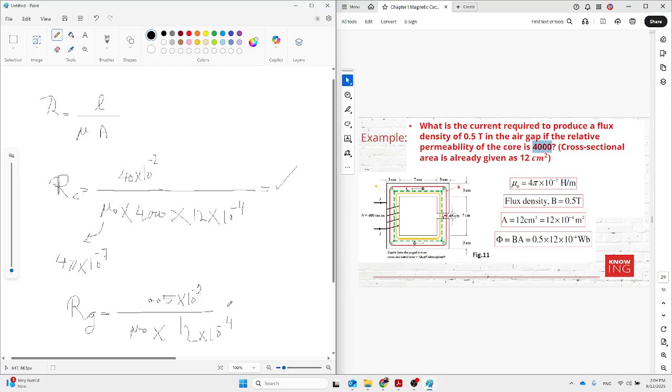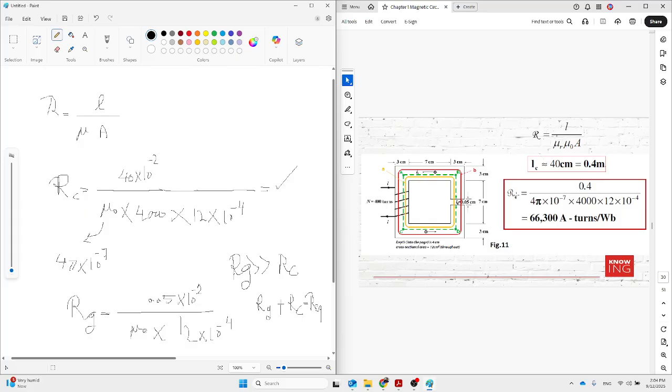Based on the calculation of these values, our expectation is very clear. Rg must be much bigger than Rc, but whatever, Rg is in series, so it is added to Rc. Let's see the value of R equal, meaning the total reluctance.